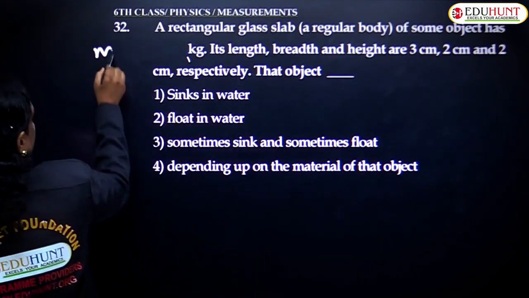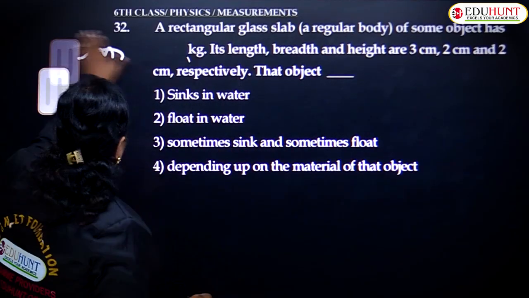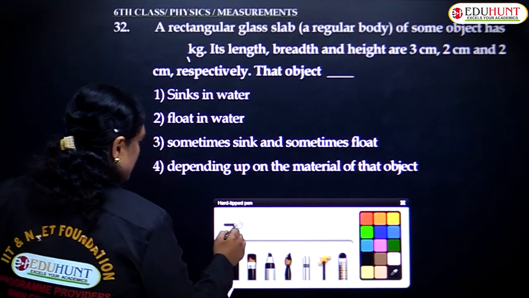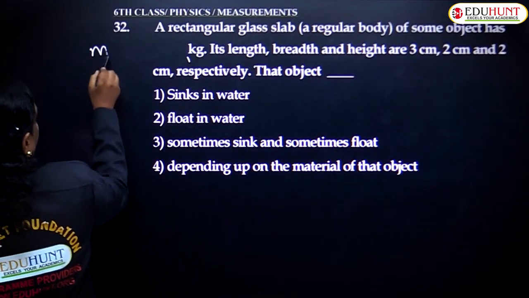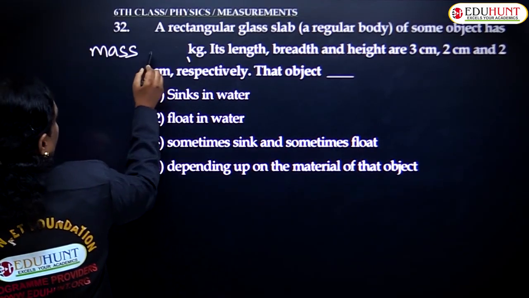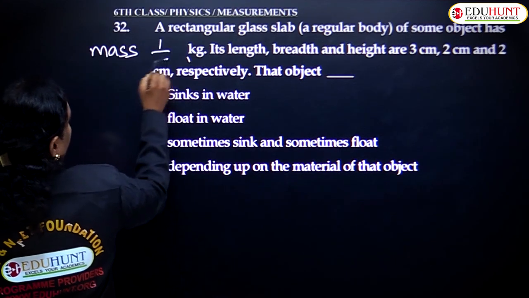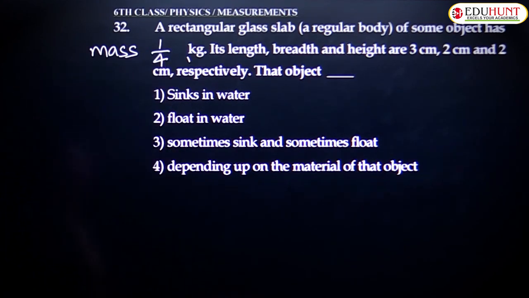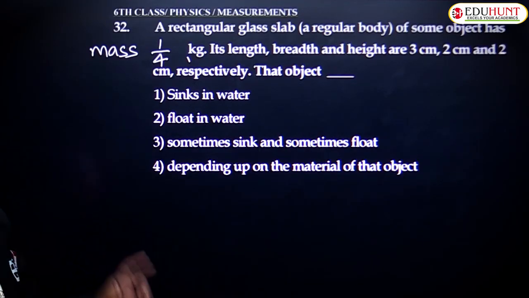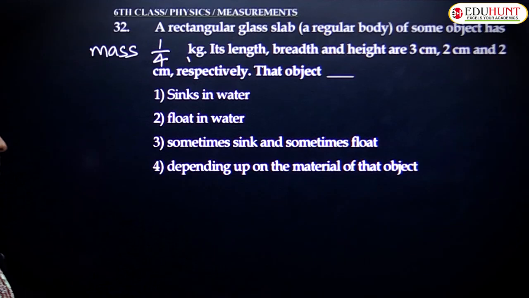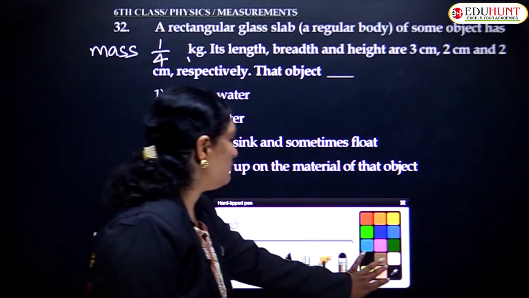Its mass is given as 1 by 4 kg. Length, breadth and height are 3 centimeter, 2 centimeter and 2 centimeter respectively. That object sinks in water, floats in water, sometimes sinks and sometimes floats. So let us try to find out.